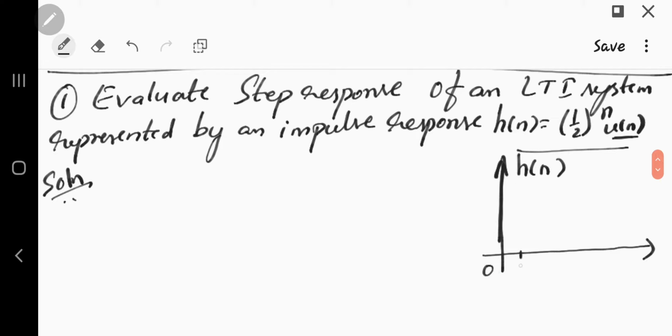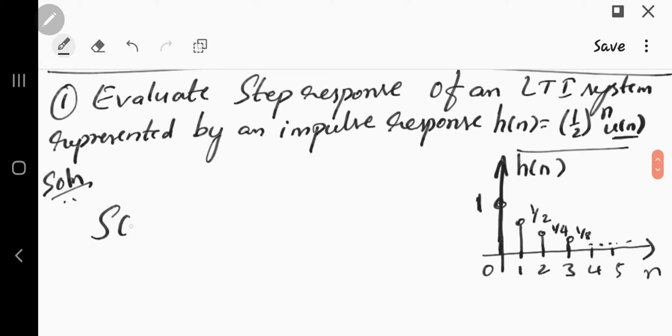Now, if I apply 0, you will get 1 by 2 to the power of 0, that is 1 here. Next, if you apply 1, there is 1 by 2 to the power of 1, 1 by 2 here, then it will be 1 by 4, 1 by 8, and it gradually decays. So, this is how our h of n will look like. This is just for your imagination now.